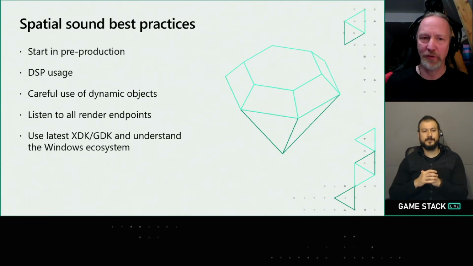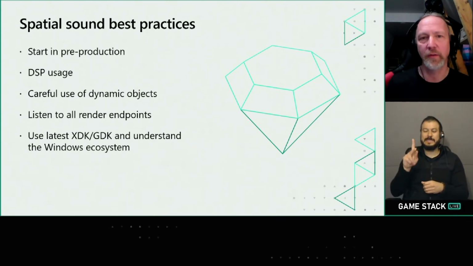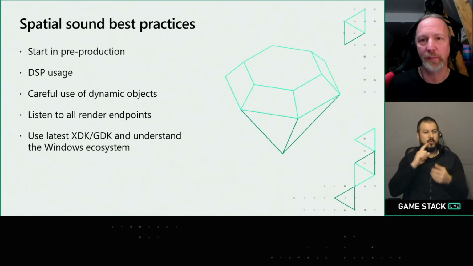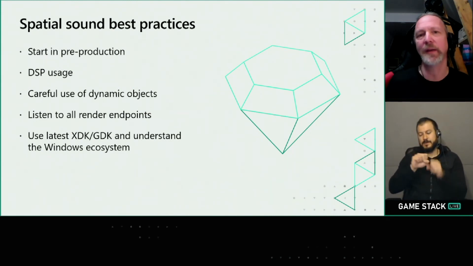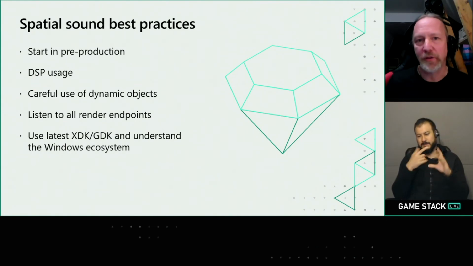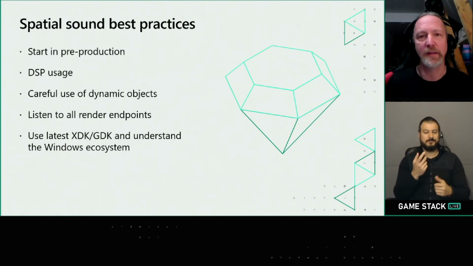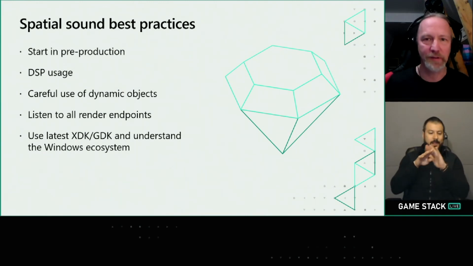You also want to make sure that you're on the latest XDK or GDK for console and really understand the Windows ecosystem when it comes to development. The reason I mention this is because with any feature, there are going to be bugs, and in the process of bringing up a feature like spatial sound and continuing to evolve and develop it, bugs get fixed.